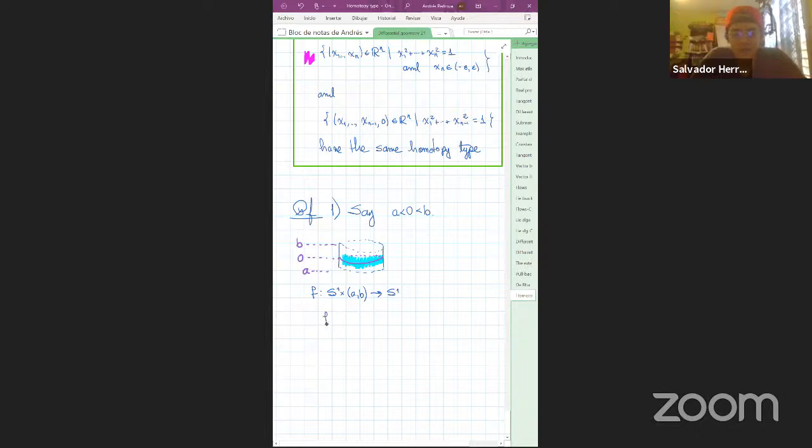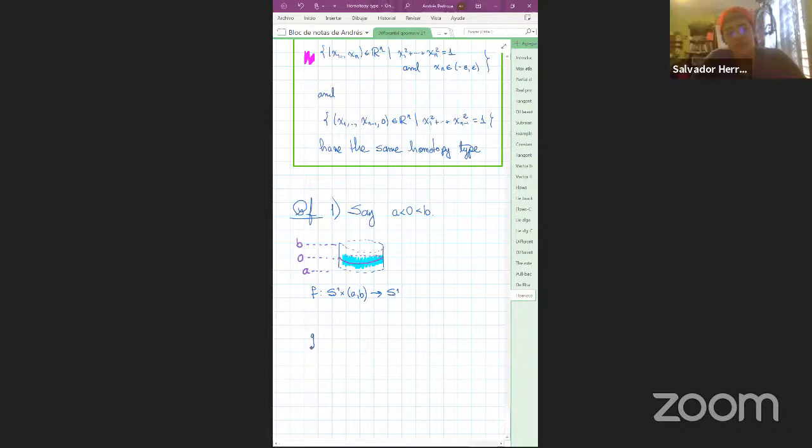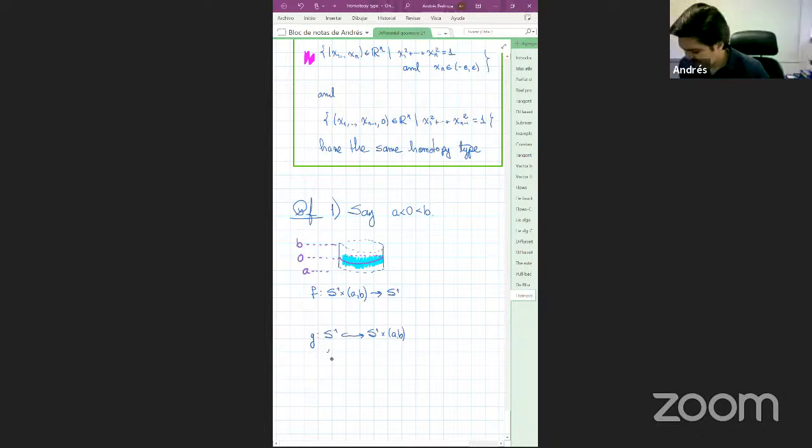Maybe one can be the inclusion, and G. So here P maps to (P, 0), the inclusion at 0, so to speak. What about F?